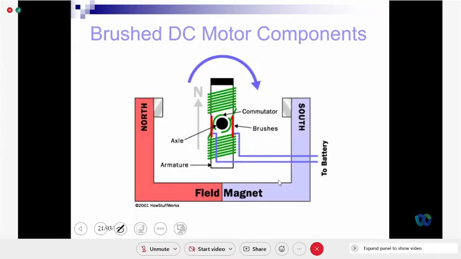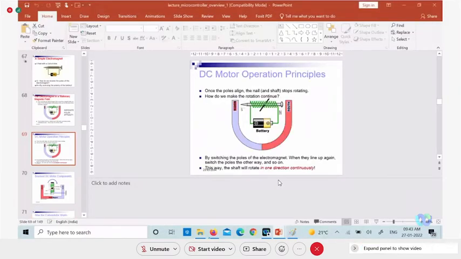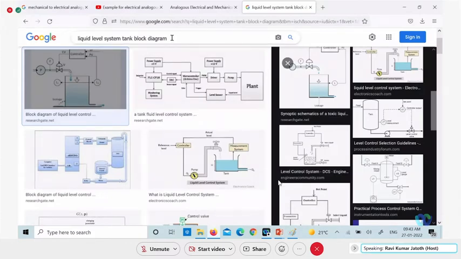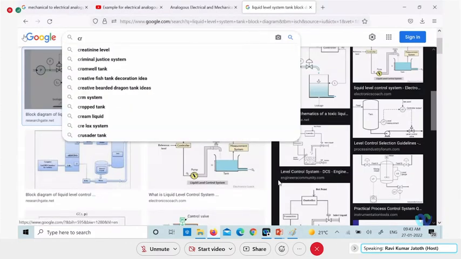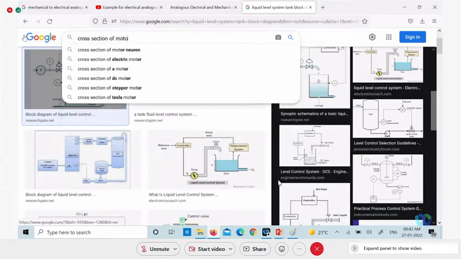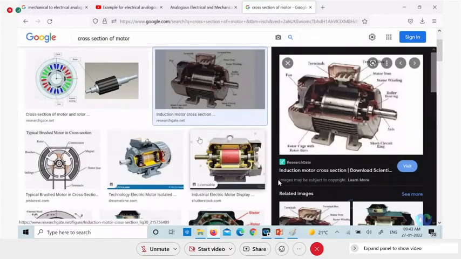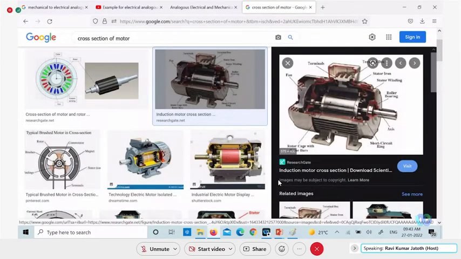See, this is like the stator winding. Let me show you the cross section of a motor. Can you see the screen? Yes, sir.